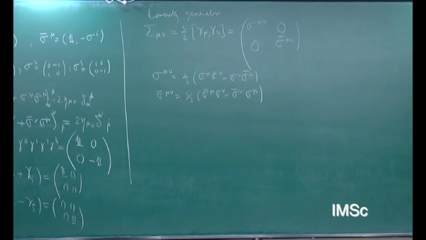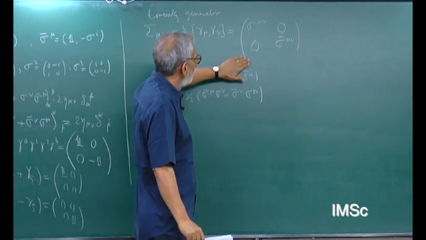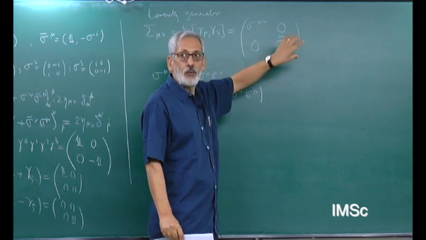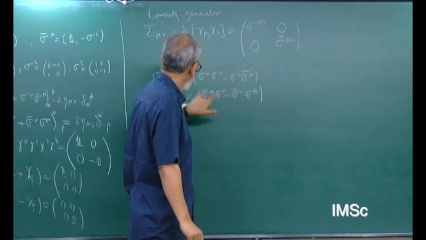Clear? So the Lorentz transformation also breaks into block diagonal form, where sigma mu nu is this one.